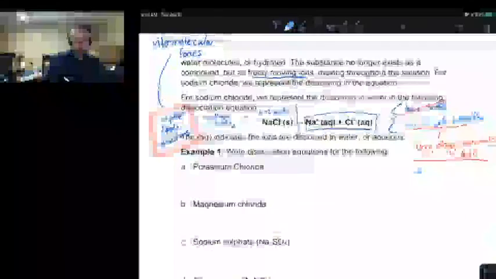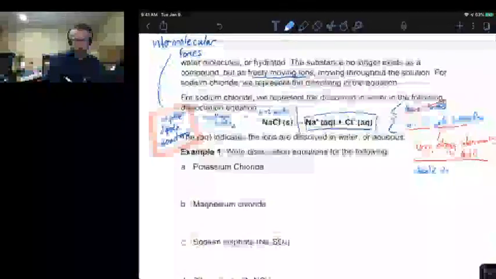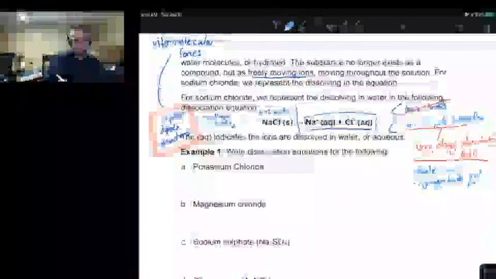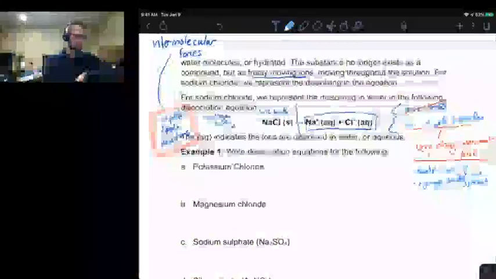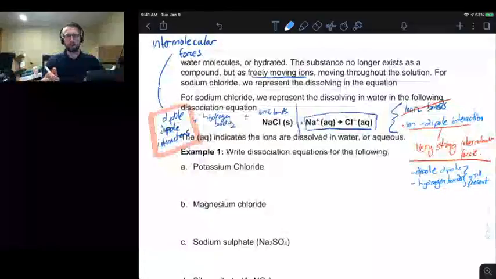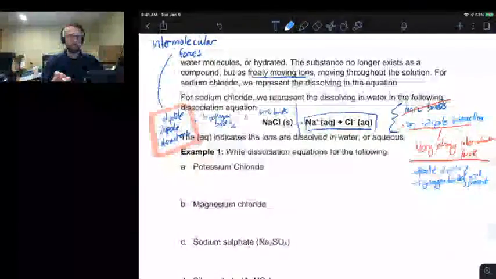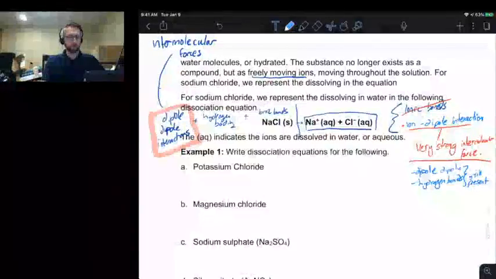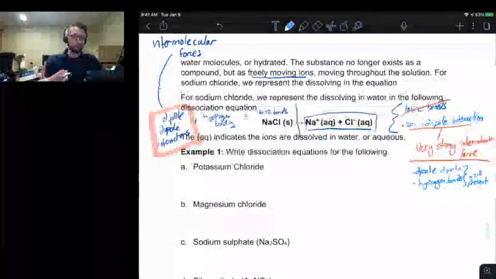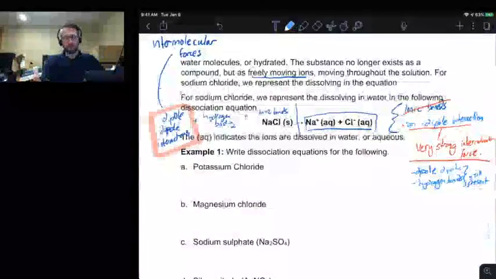So the dipole-dipole interactions and the hydrogen bonds are all still present. And now we've gained an ion-dipole interaction, which is a very strong intermolecular force. Is it energetically as strong as an ionic bond? Well, that's going to depend.